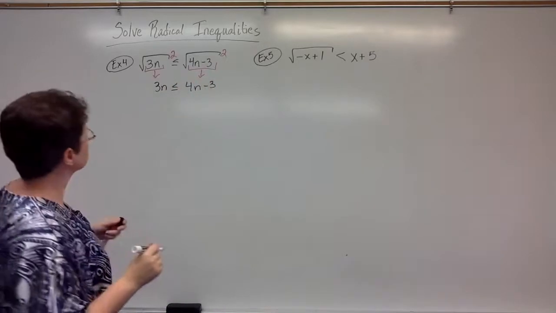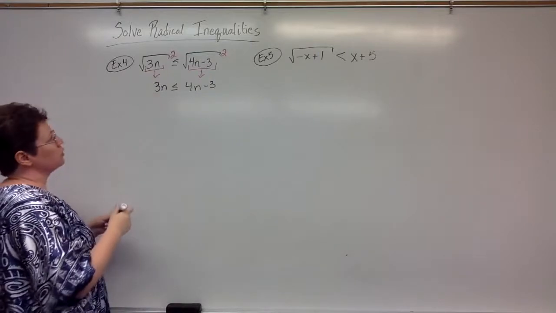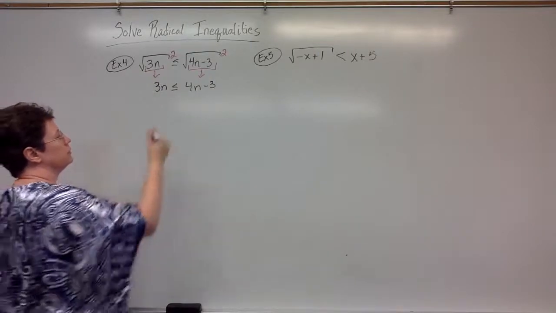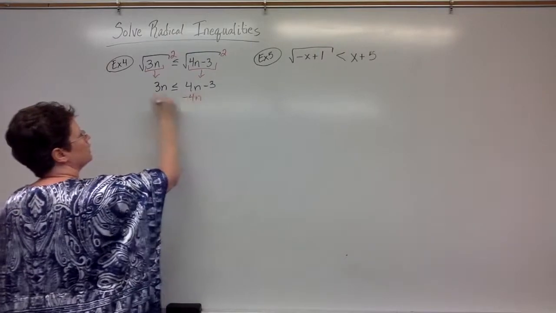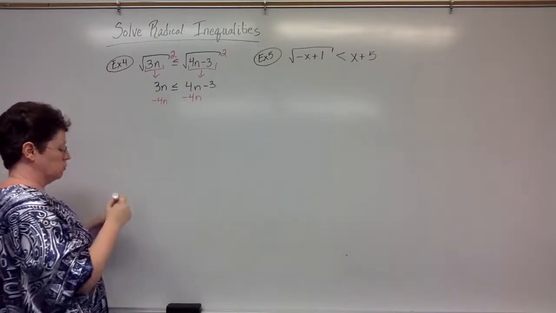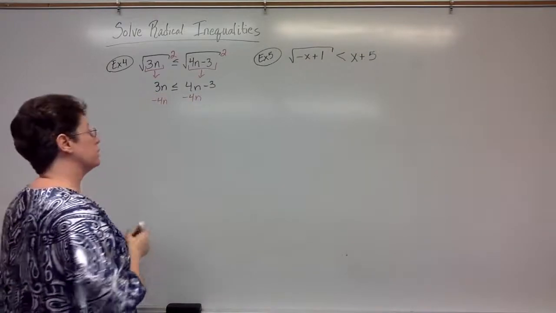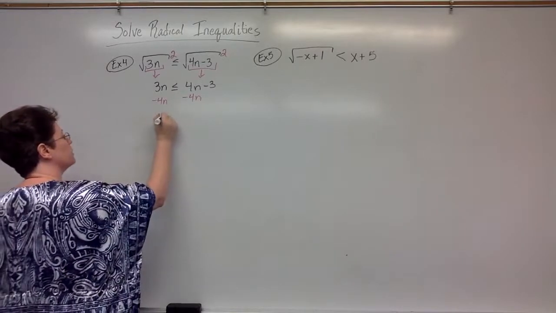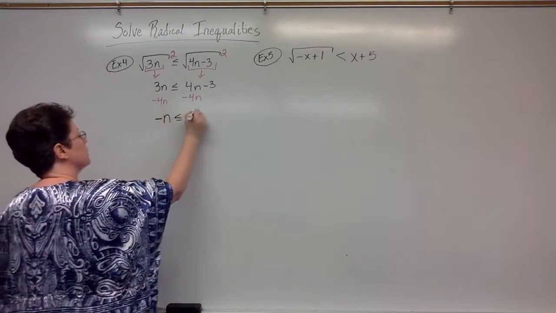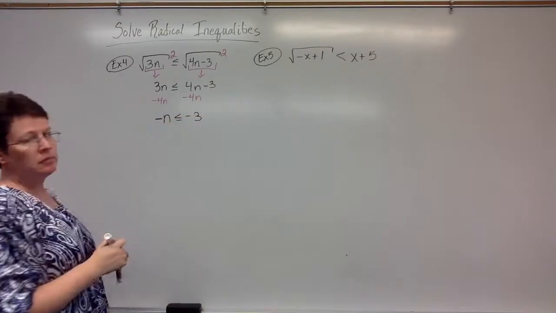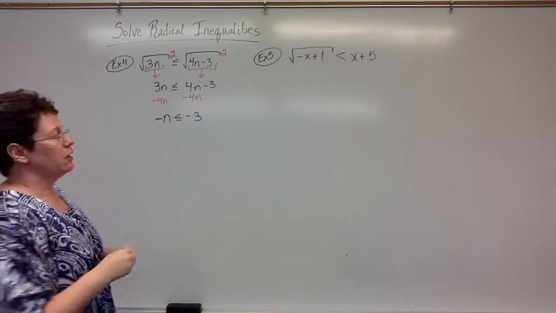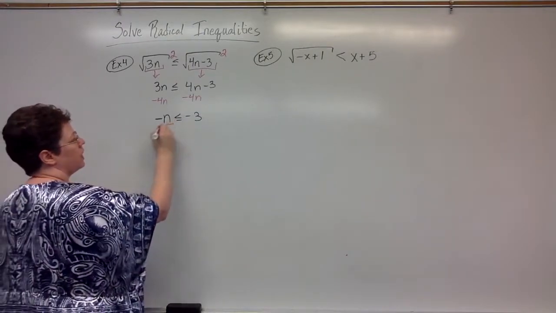Okay. So let's subtract the 4n to move it to the other side. Minus 4n, minus 4n. Not a big deal. 3 minus 4 is negative 1. So I have negative n less than or equal to negative 3. Got to get rid of the negative in front of the n. So I'm going to divide by negative 1.